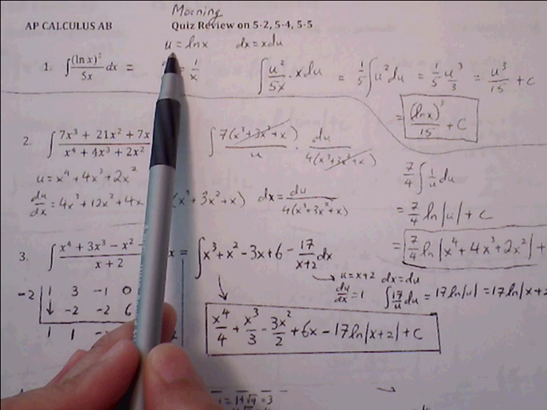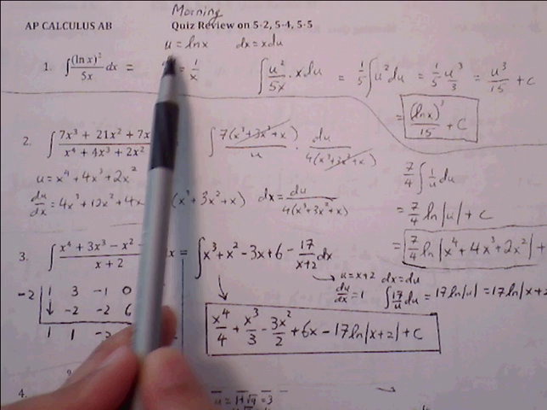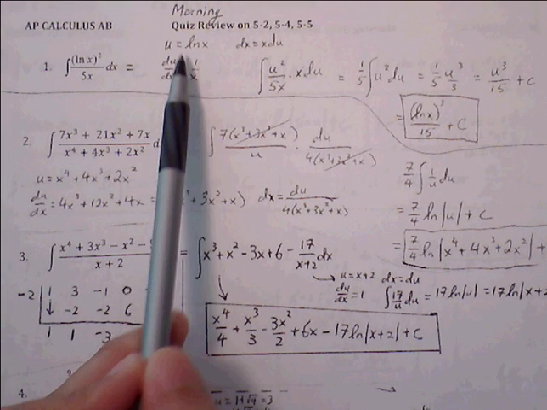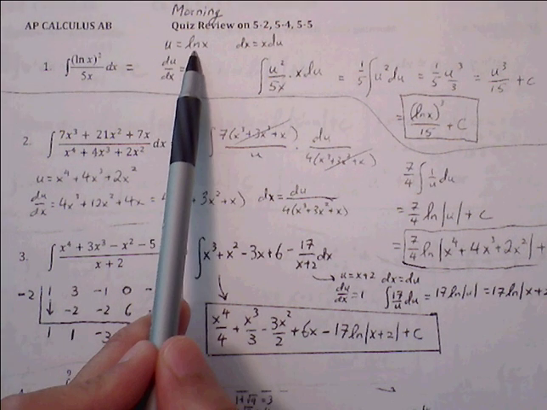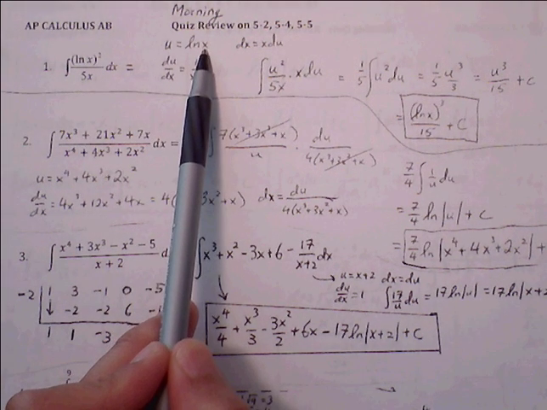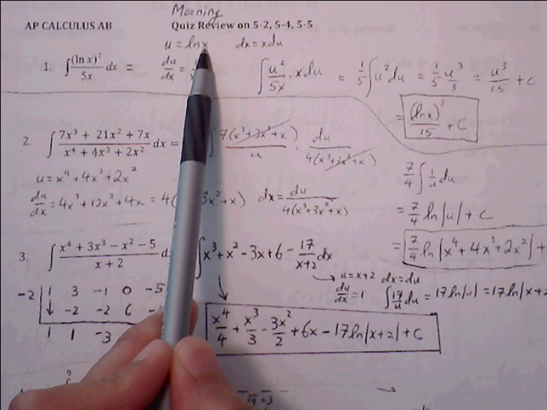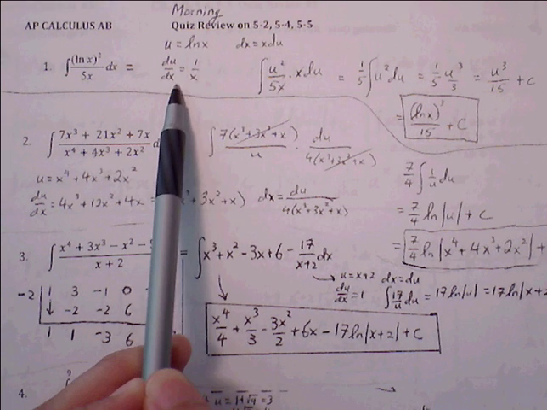So let's let the u value be natural log of x. Then the derivative of our u value with respect to x, the derivative rule for natural log of x is u prime over u. So the derivative for x is 1, and then 1 over x.